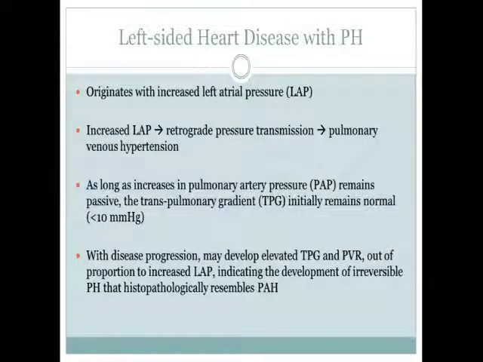In contrast to that, as we all know, PH from left-sided heart disease starts with some sort of cardiac lesion that increases your left atrial pressure. Mitral valve disease was traditionally the leading cause of pulmonary hypertension from left-sided heart failure, but that's more recently been replaced by heart failure, whether it's systolic or diastolic, as the leading cause.